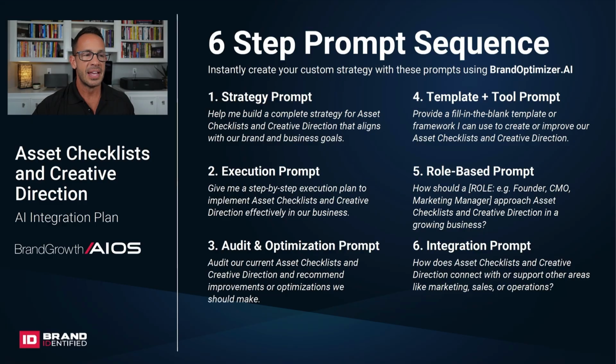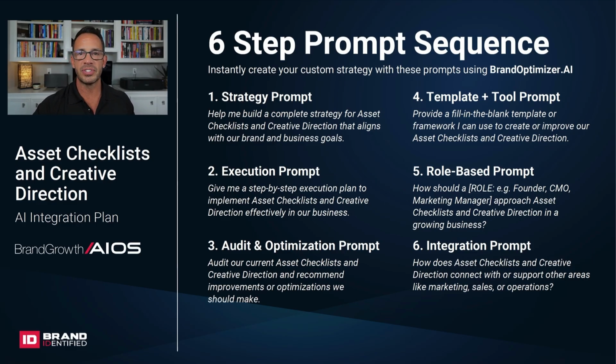Prompt number 3, this is your audit and your optimization prompt, and that is: audit our current asset checklists and our creative direction and recommend improvements or optimizations that we should make. Prompt number 4, this is your template and your tool prompt, and that is: provide a fill-in-the-blank template or framework that I can use to create or improve upon our asset checklists and our creative direction.